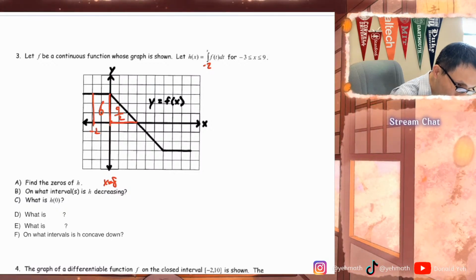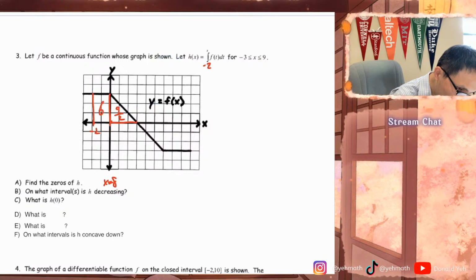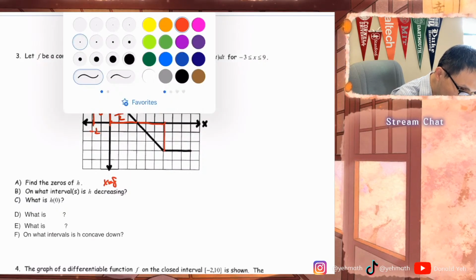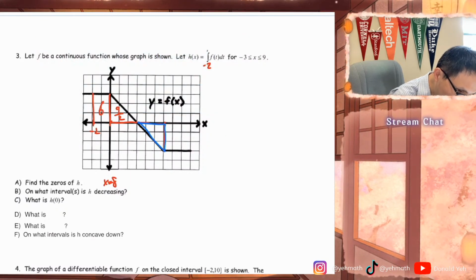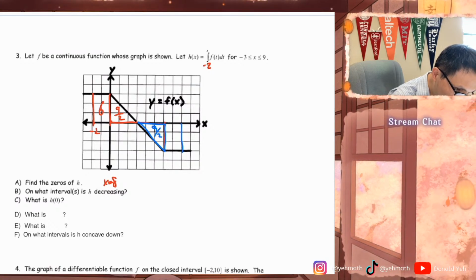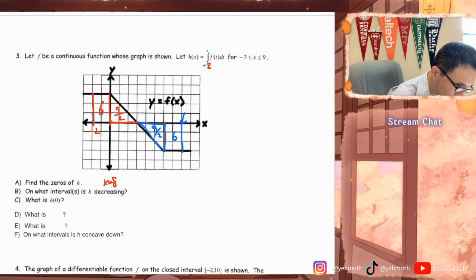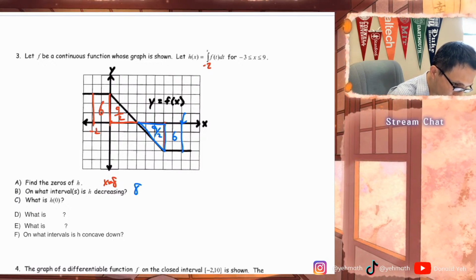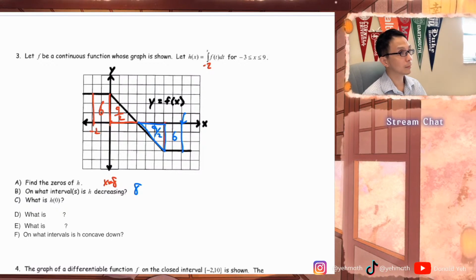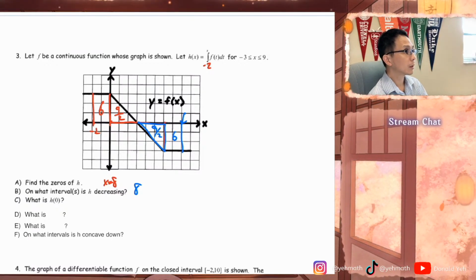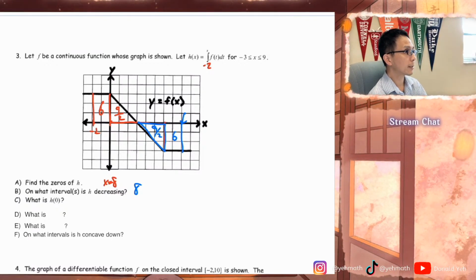Now what happened is this part here is 9/2 as well. This is negative, this is 9/2 as well, and this is 6. So 0 occurs at 8.